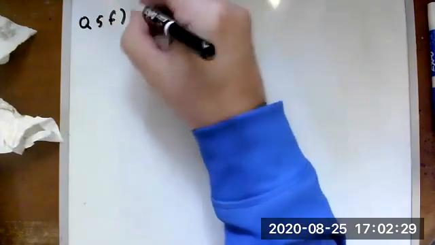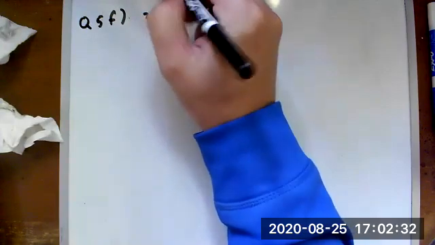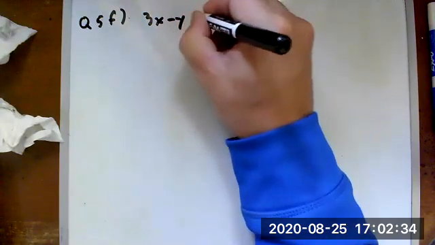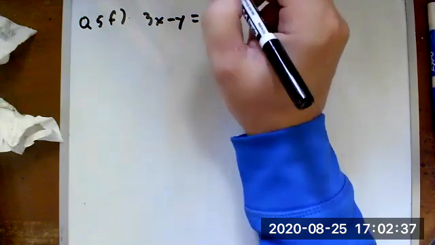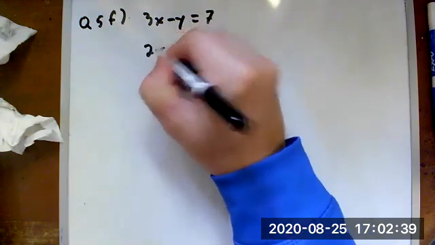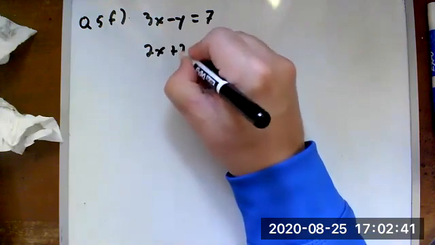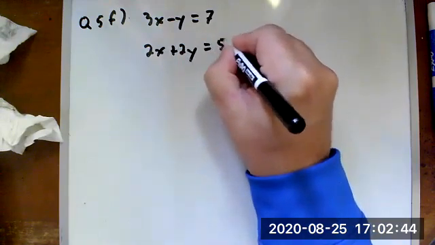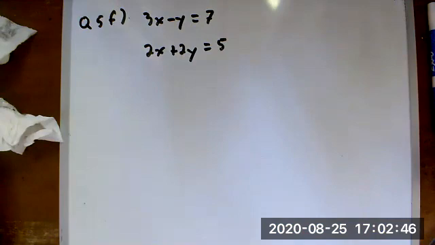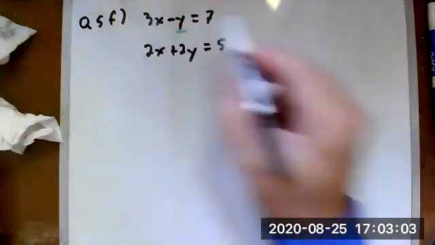F says 3x minus y equals 7 and 2x plus 2y equals 5. So we need to rearrange this to get some letter all by itself. We need to pick one of the equations and rearrange it so one of our variables is by itself. I'm going to pick the first equation, and I'm going to try and isolate y, just because it's already mostly on its own, so it shouldn't take too much.